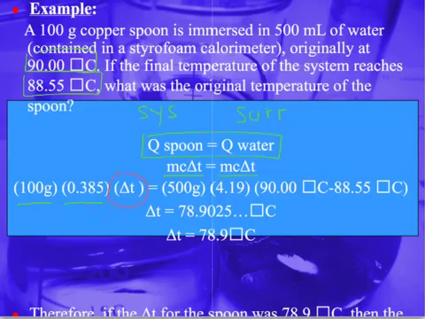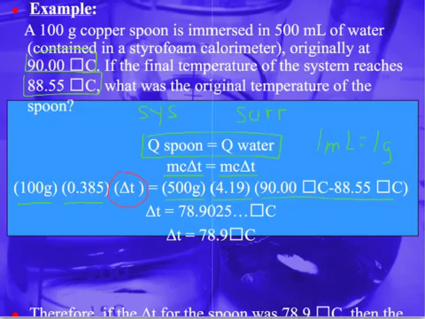On the right-hand side of the equation, we have 500 grams of water, because 1 milliliter of water is equal to 1 gram. The specific heat capacity of water, looking at our data table, is 4.19 joules per gram degree Celsius. And the change in temperature is 90 minus 88.5 degrees Celsius.